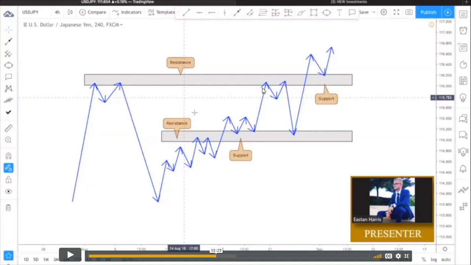And how it changes is because whenever it crosses, okay, so it's resistance here. Whenever it's above your head, it's resistance. We can't jump any higher than the ceiling will allow us to. Once we hit the ceiling, we come back down to the floor, which is the support. Now we got some momentum.